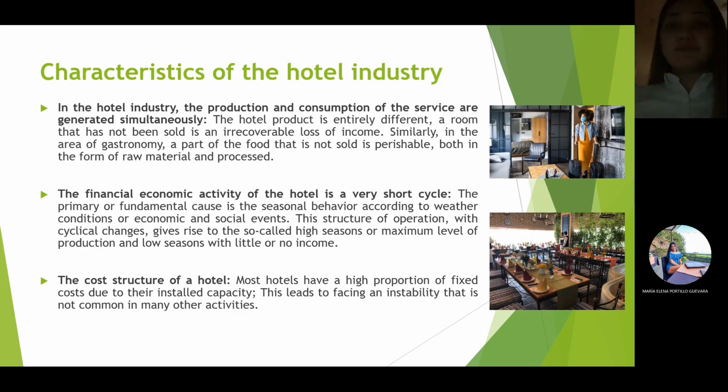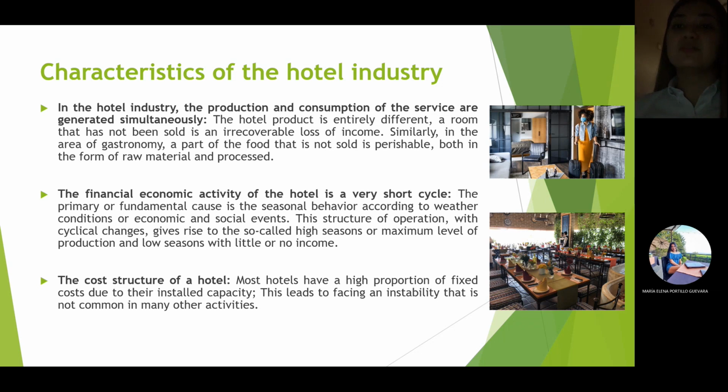So we have the characteristics of the hotel industry. In the hotel industry, the production and consuming of the service are generated simultaneously. First, we have gastronomy, a part of the food that is not sold, perishable, both in the form of raw material and processes.